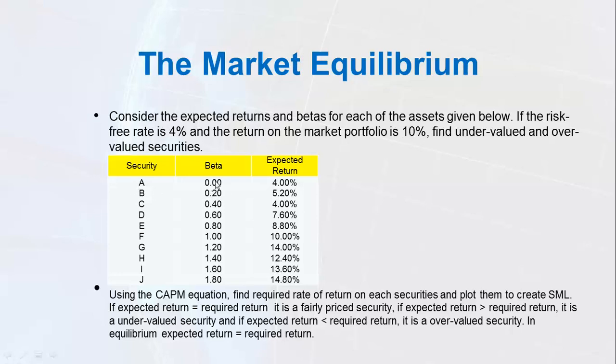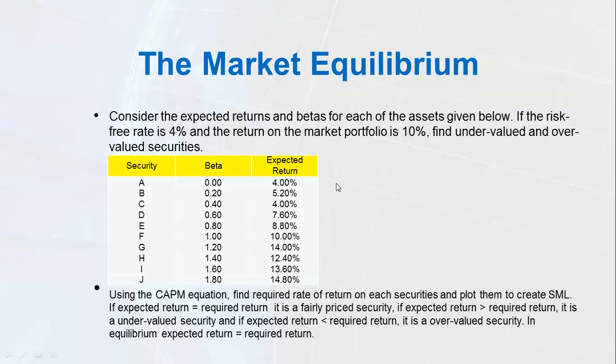The beta of each of these securities is given here, and the expected return of each security is also given here. So you have the information you need to compute the required rate of return, and then you have the expected return. When the market is in equilibrium, the expected return should be equal to the required rate of return on the security.